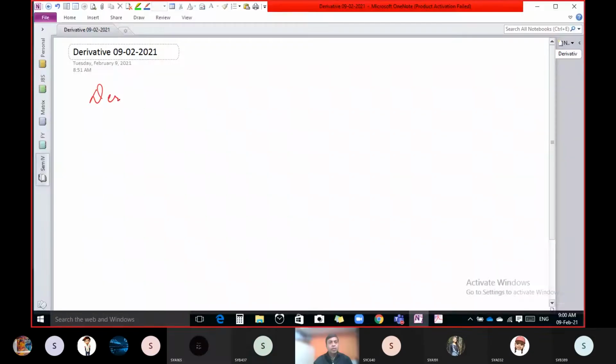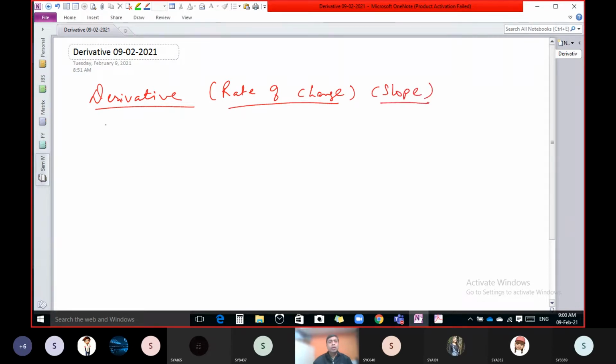Derivative. It is also known as rate of change. Another name is slope, or you can say that it is tangent or gradient.